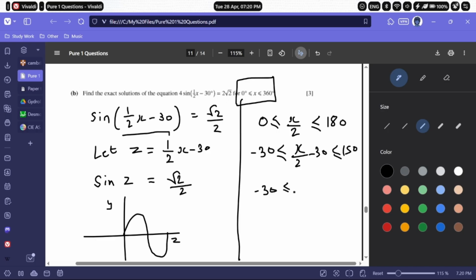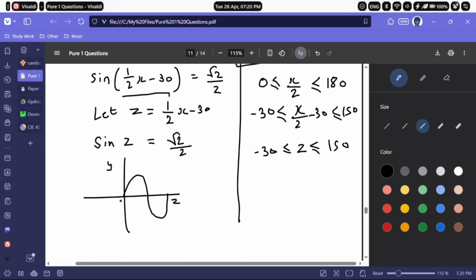Just try remembering that if you can. The best thing in graphs is that you can highlight the acceptable domain. So minus 30 would be somewhere along here, and 150. Over here, this is 90. The maxima is 90.